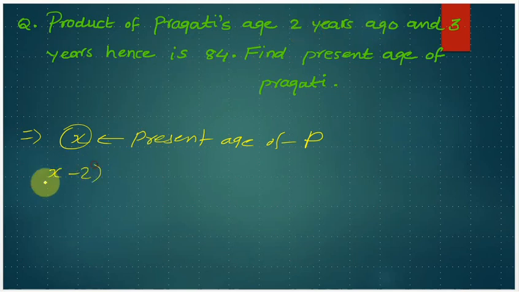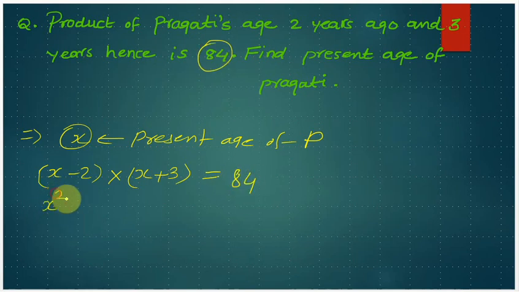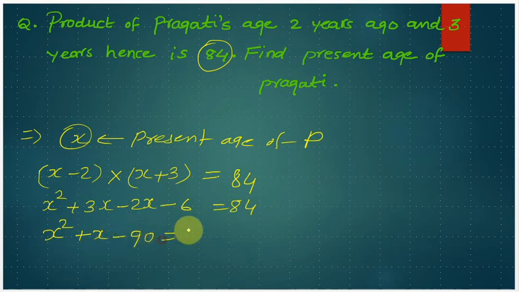So x minus 2 into x plus 3, the product, is equal to 84. Now solve this equation. So x square plus 3x minus 2x minus 6 is equal to 84. So this equation becomes x square plus x minus 6 minus 84, which is minus 90, is equal to 0.